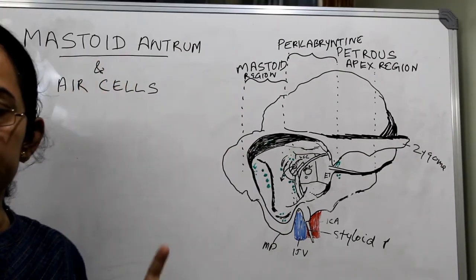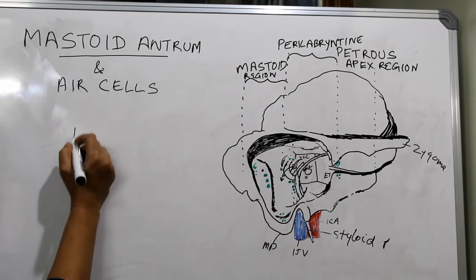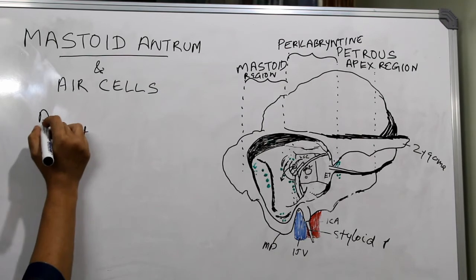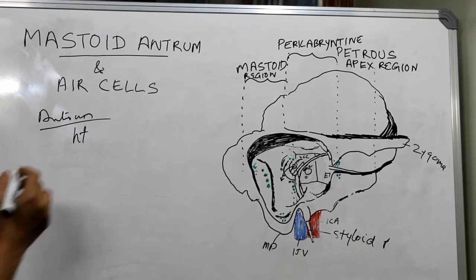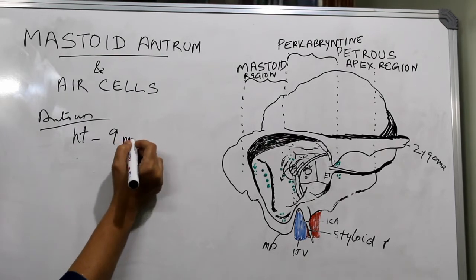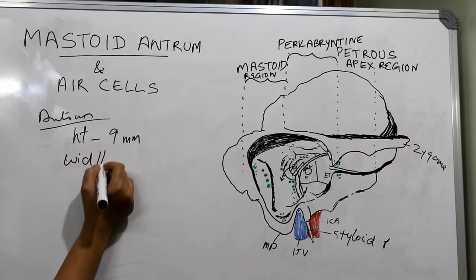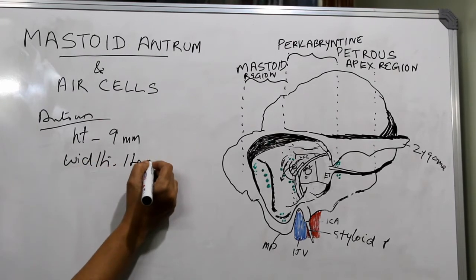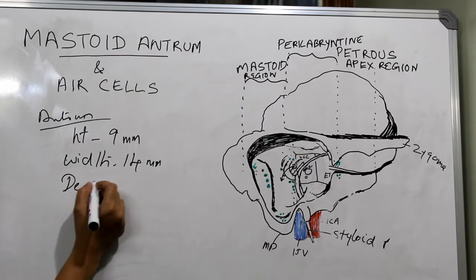The mastoid antrum is an air containing space with a height of around 9 millimeters, a width of around 14 millimeters and a depth of 7 millimeters.